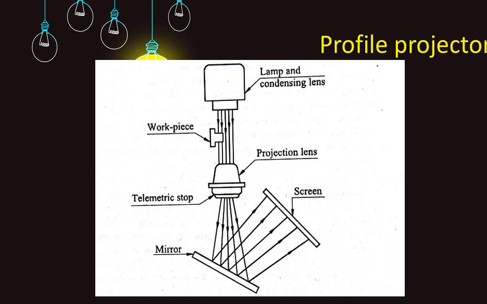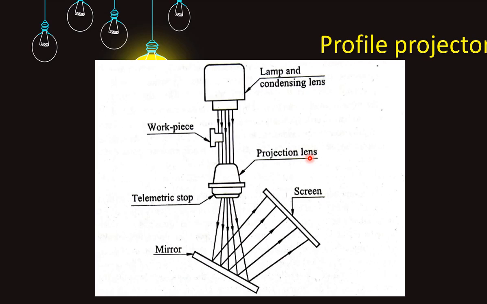The light beam originating from the lamp is condensed by means of a condenser and falls on the workpiece. Now, the image of this workpiece is carried by the light beam, which passes through a projection lens. This is the projection lens.